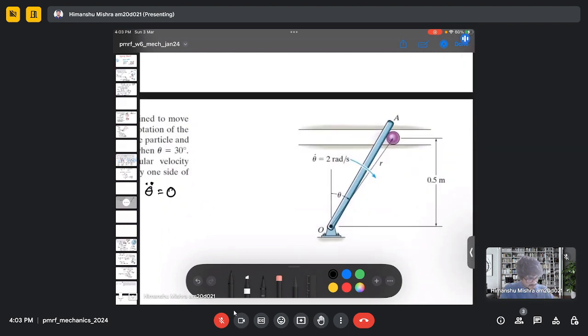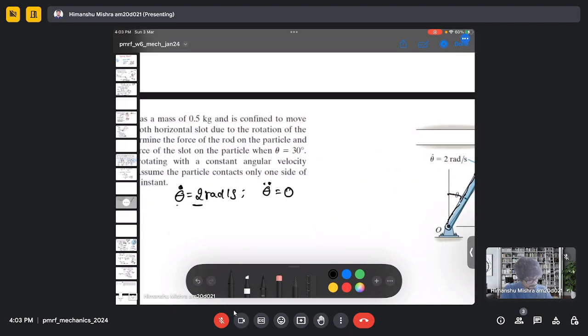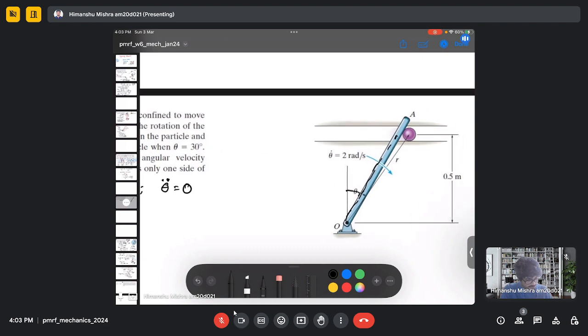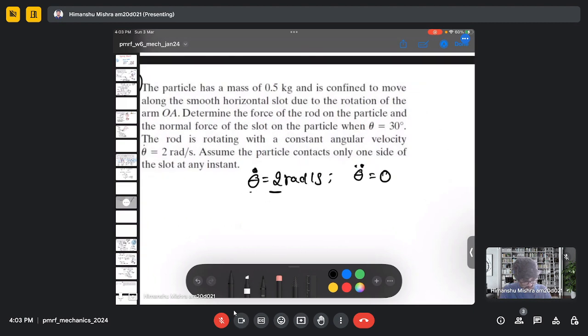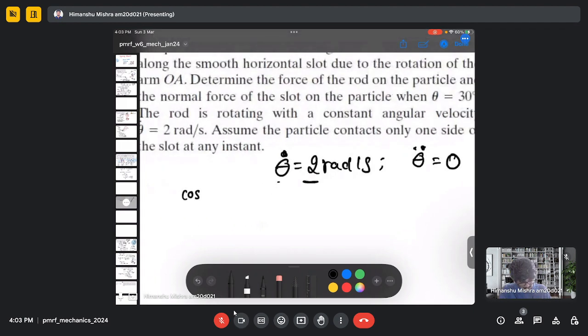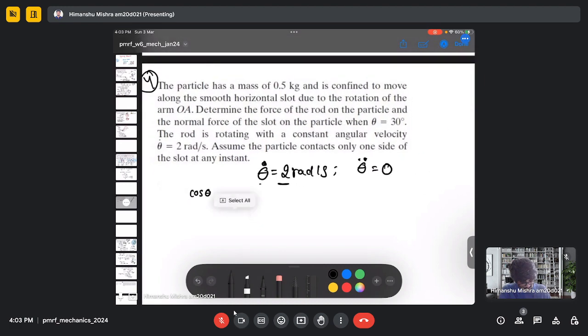And from the figure you can see that if this is the radial distance r and you are given theta, and also the vertical distance 0.5, you can write cos theta equals 0.5 by r. So you can write r as 0.5 by cos theta, which is 0.5 sec theta.